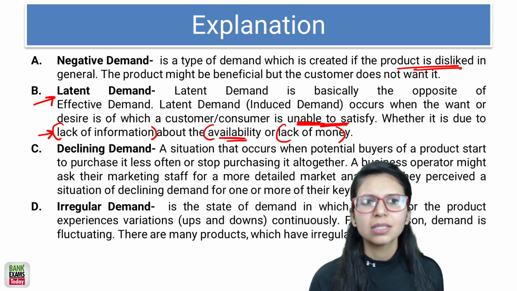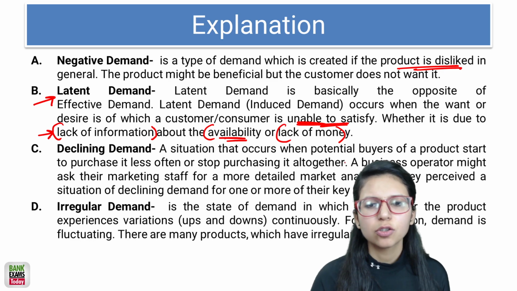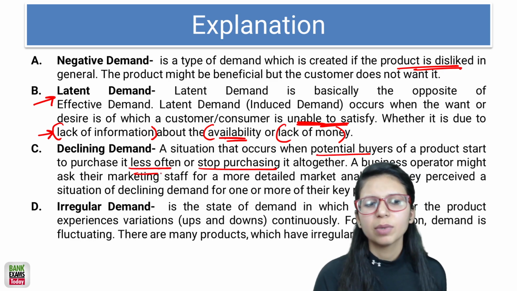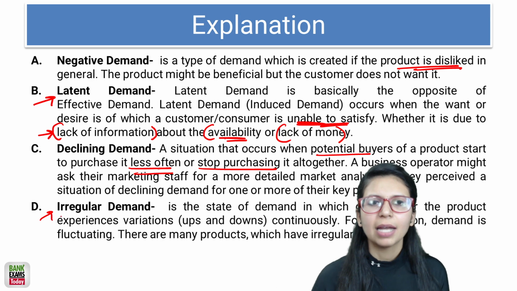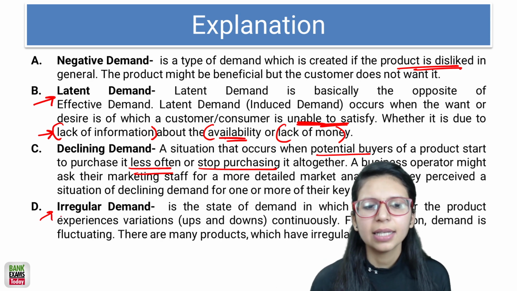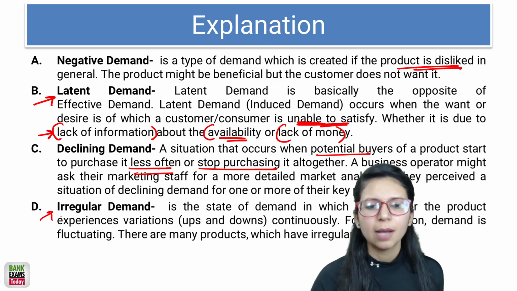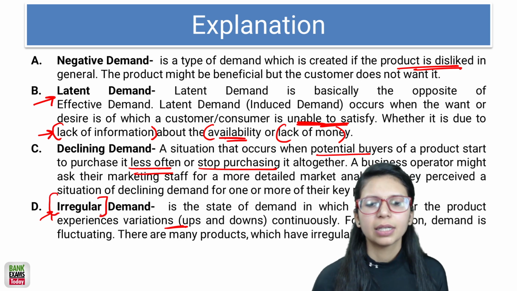Declining demand, as per the name, is when customers stop buying that product, or purchase it very rarely. And irregular demand, on the other hand, is when the product has many variations, ups and downs, which is why it is called irregular demand.